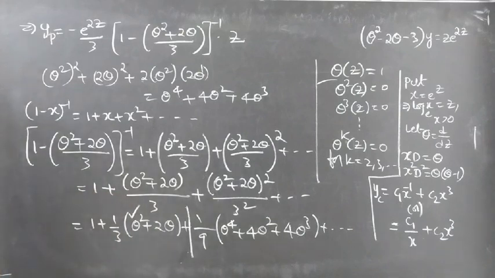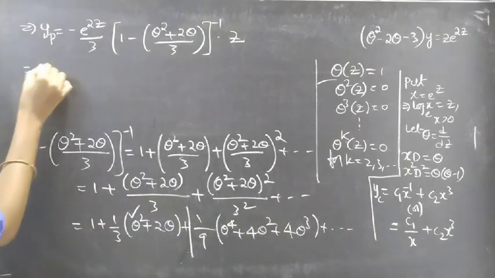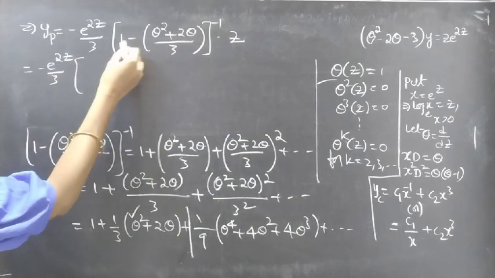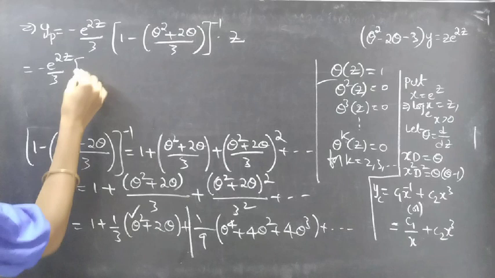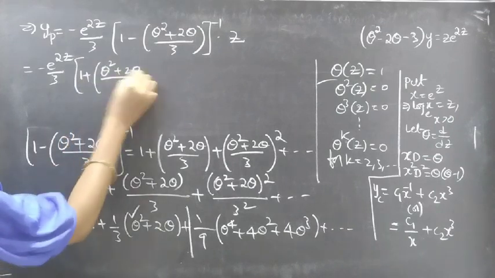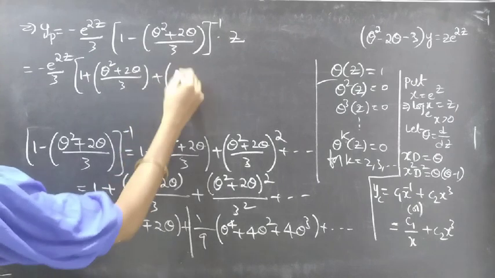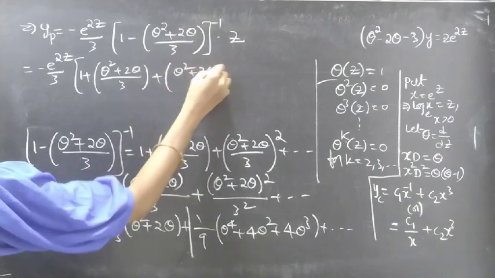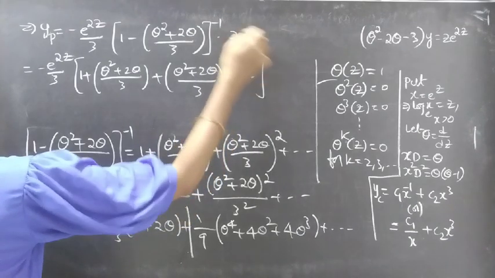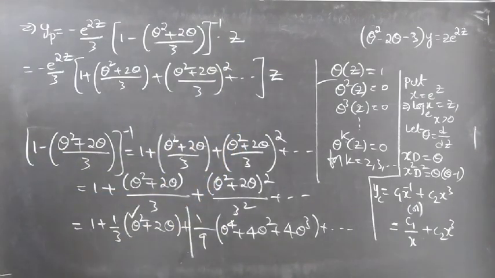Now coming to yp. Yp becomes minus e power 2z by 3 into the expansion of (1 minus x) whole inverse, which is 1 plus x plus x square plus so on, into z.